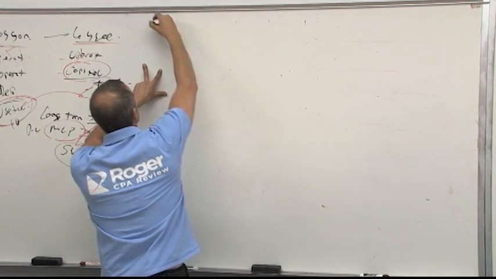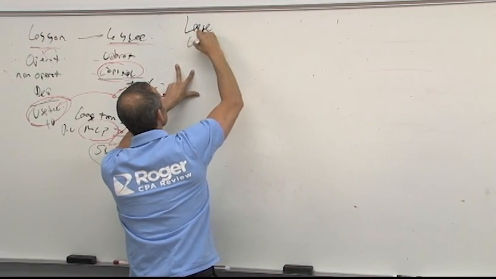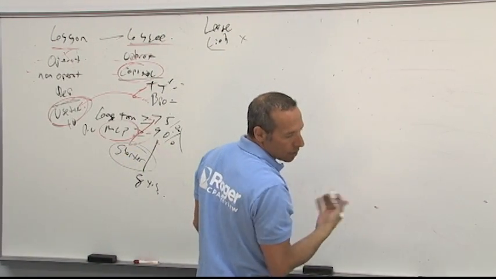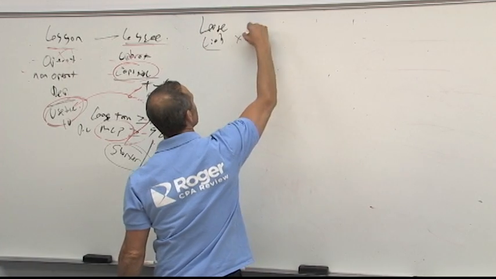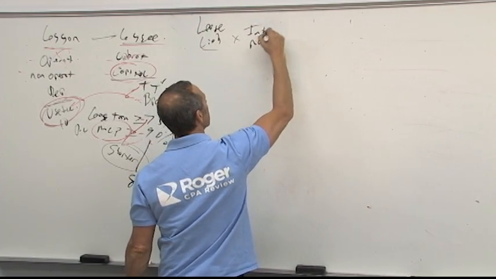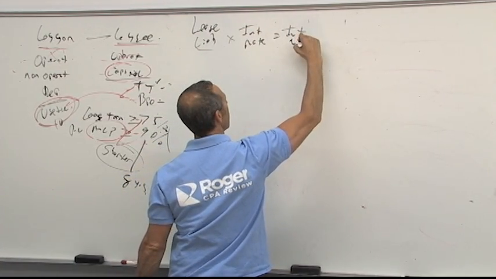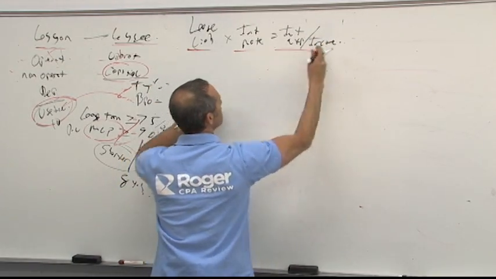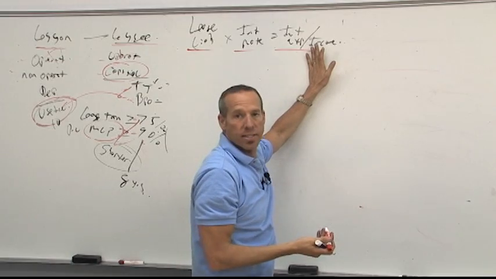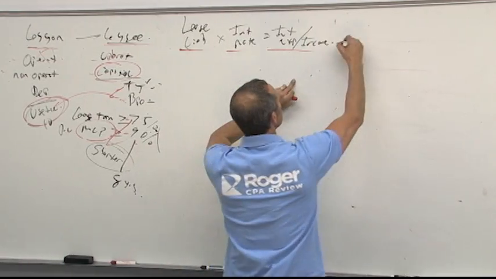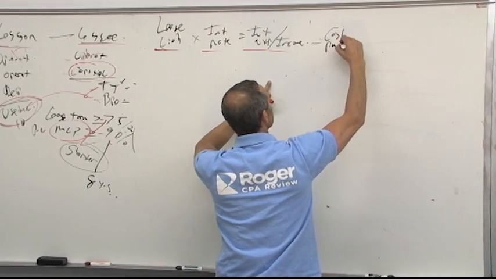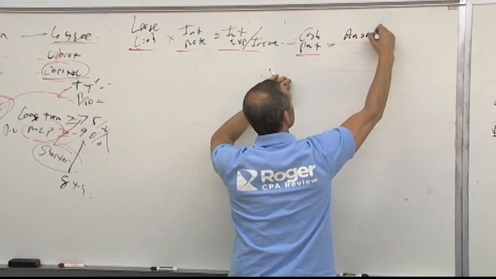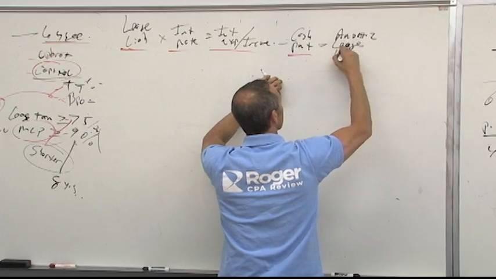I set up a lease liability times the interest rate, equals interest expense or interest income. Because remember, one guy's expense is the other guy's income because we're leasing the asset. Minus the cash payment, that's how much we're paying a year, equals amortization of your lease liability.